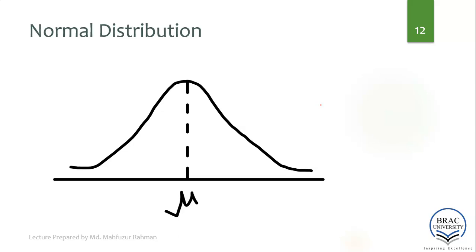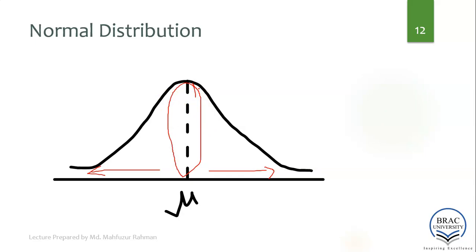So for any normal distribution, we can say that some data points will fall below the mean and some other data points fall above the mean. But most of the data values are located near the mean.